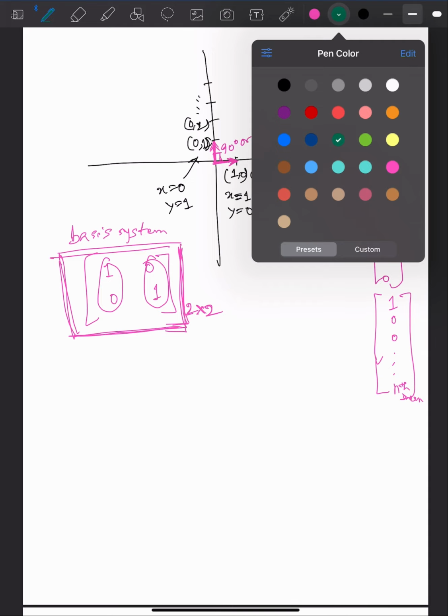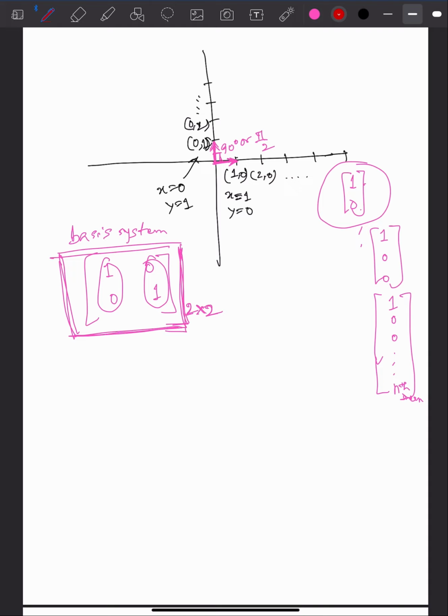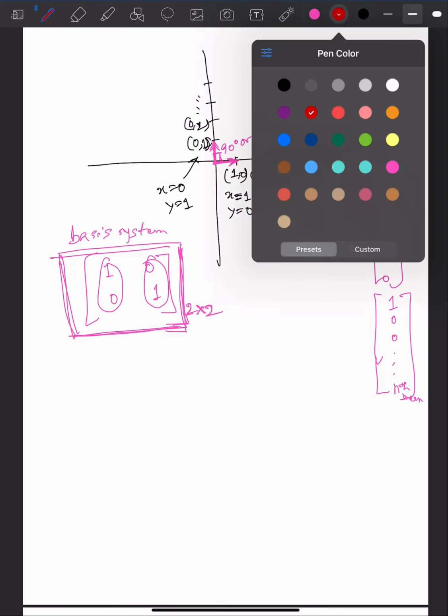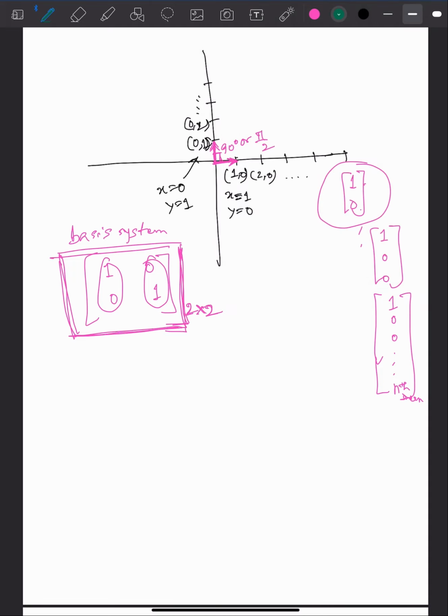What does it mean? Any other vector, let me take green color, any other vector can be represented with a linear combination of these two basis vectors.